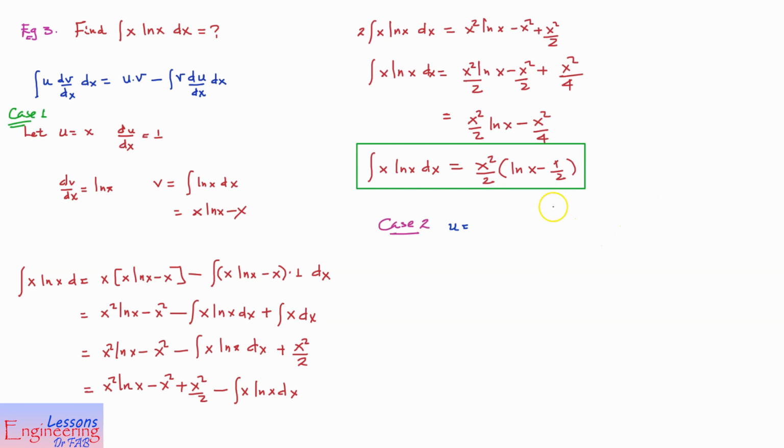Okay, so u to be ln x and dv by dx to be x. So this time du by dx is 1 over x, and from this v should be x squared over 2.